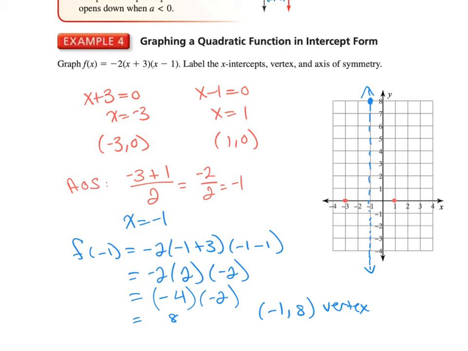We can sketch it just from these points. A nice smooth curve, and there's your parabola. Notice how it does open down and our a value is negative, so that verifies that we graphed this correctly.